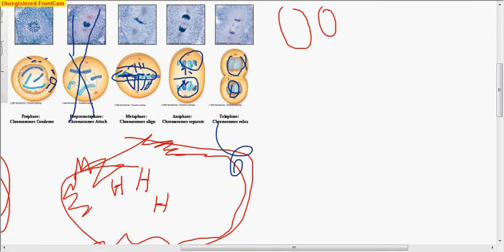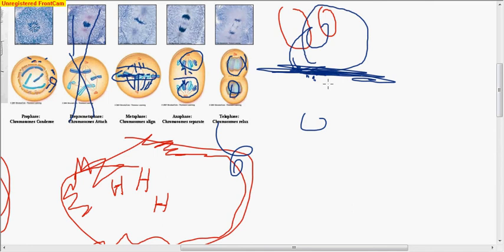Then, if you're a plant cell, you're going to have these little vesicles, right, that form in the middle of these two cells. And they're eventually going to form into this solid cell plate, and then you'll have two separate cells around that cell plate. In animals like us, you're going to have a cleavage furrow that forms, all right?